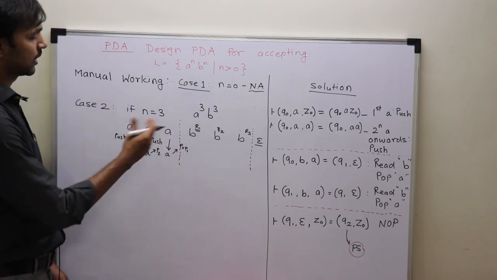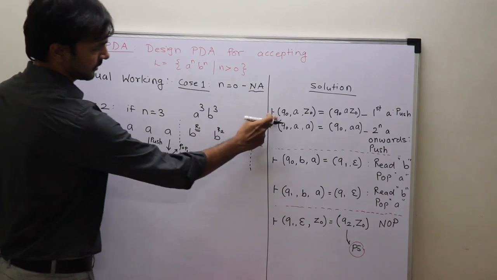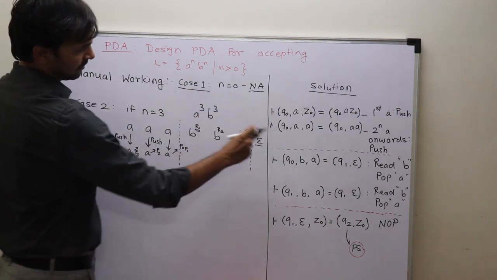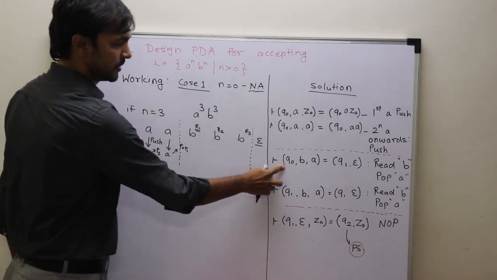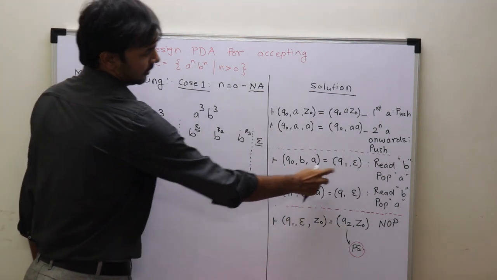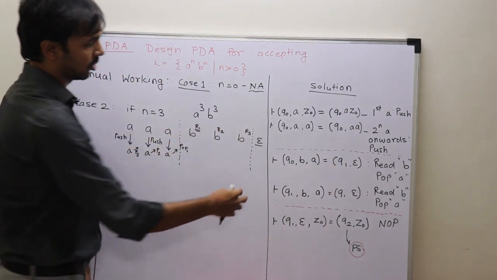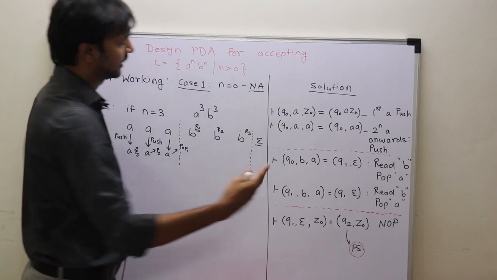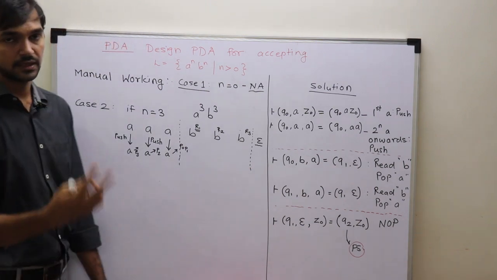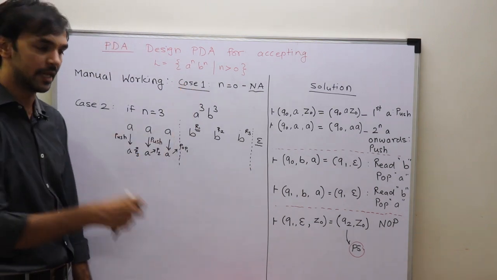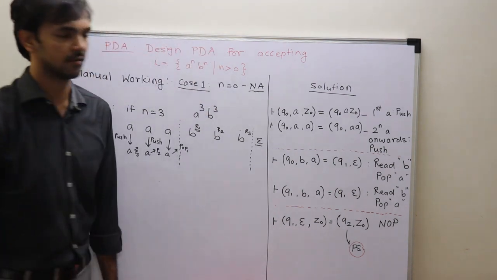When I take n equal to 100, the first A will be processed by this, the remaining A's will be processed by this, the first B will be read by this and the first A will be popped, all other B's will be read by this, all other A's will be popped, and there will be nothing to read, the stack will be empty, and it reaches a final state.